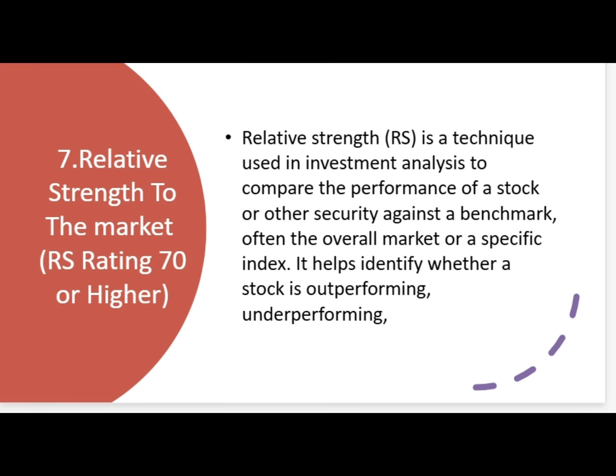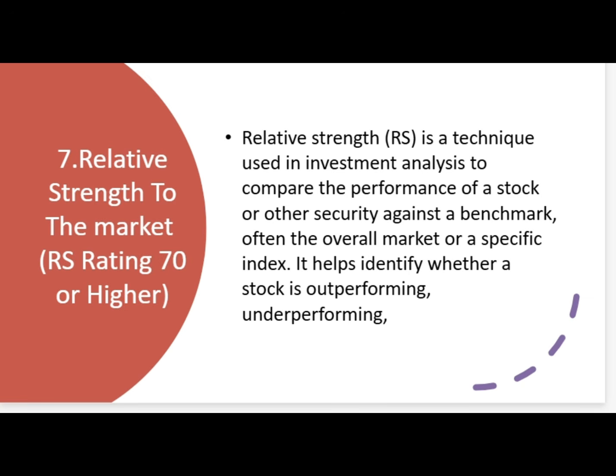I brought a chart to show you what this exactly means, but let me read the additional information to explain more about this metric. Relative strength is one of the most powerful metrics in the market because it reveals a stock's performance leadership, not based on hype or news, but on actual price action over time.